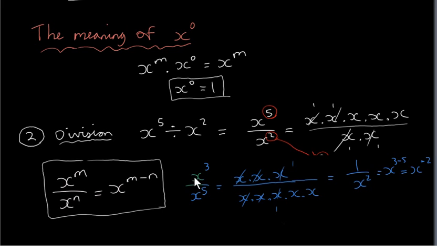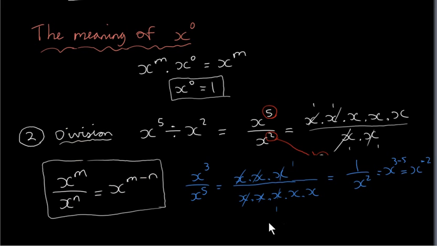Here it is, x to the power of 3 over x to the power of 5 is x times x times x over, we have 5 x's here, we can cancel a lot of these, so we just get 1 on top, and we have 1 times x, so we get x squared underneath. But if we use the rule, that's x to the power of 3 minus 5. We take the power on top and subtract the power underneath. 3 minus 5 is minus 2. So here we see that 1 over x squared is x to the power of minus 2.